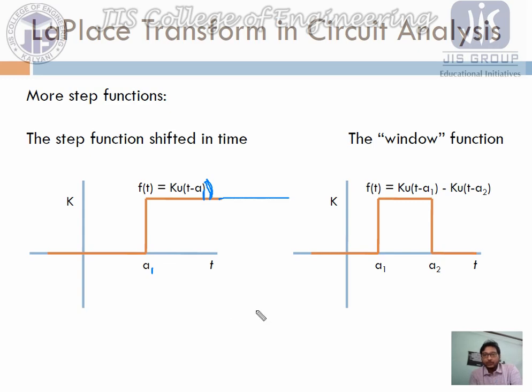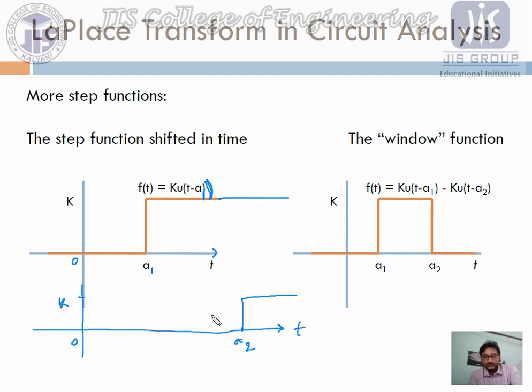So what will be the function after a2 time? If we consider another signal, I am designing it over here. Suppose this is my time axis. For this time axis, if we consider another signal, here is 0, here is also 0, and the signal starts at a2 and after a2 has the amplitude k.